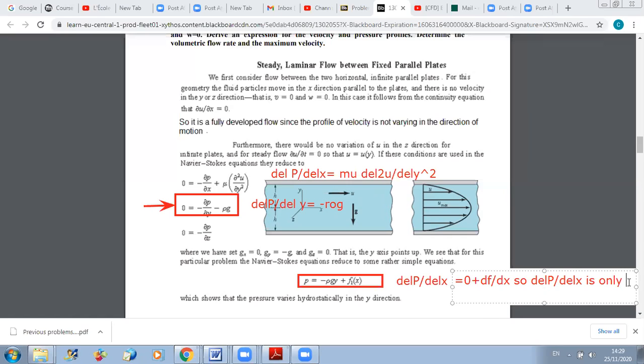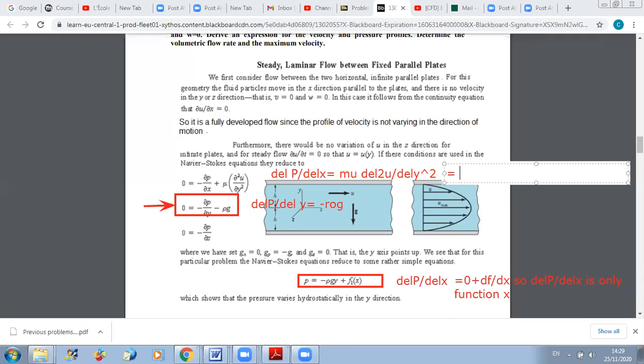And if del P by del X is only a function of X, and in the first equation, del P by del X is mu del square U over del Y square, so from this relation, you say that del P by del X is only a function of Y. Why is it only a function of Y?